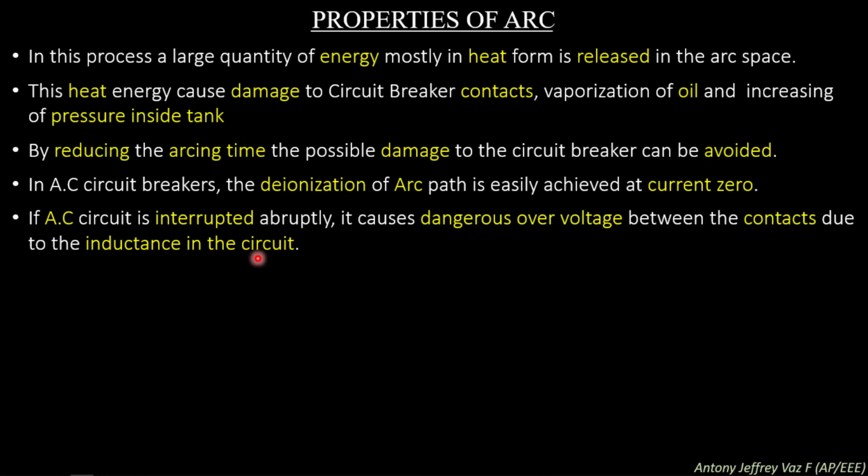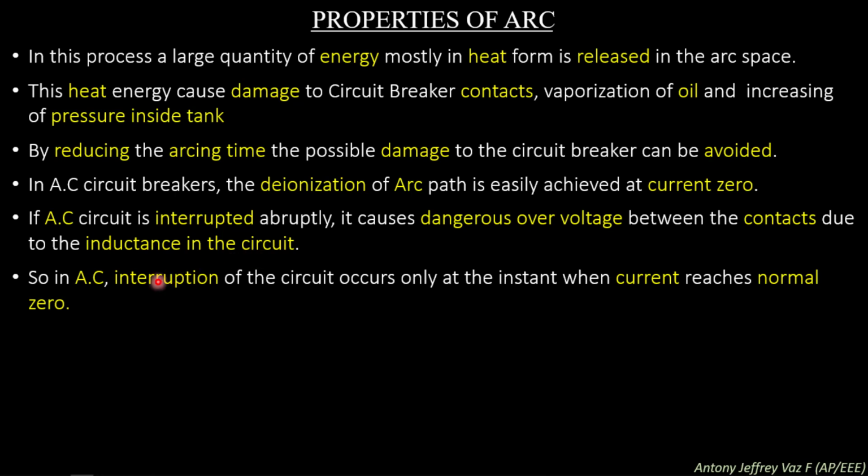So we should interrupt the AC circuit only at current zero position or when the current is going to reach the current zero position. At this time only it is safer to interrupt the AC circuit.